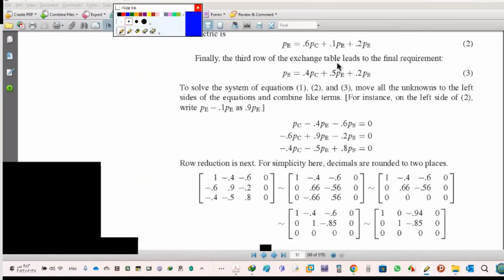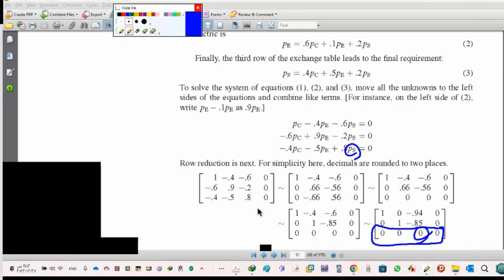So just take B steel to the other side, B electric to the other side, and now as you see we have a homogeneous equation, solved based on the augmented matrix, and you can find the values. In the last row we have 0 0 0 0. That means B steel is still a free variable.